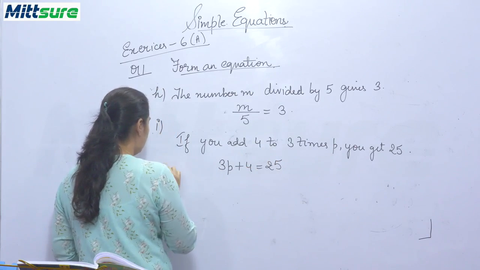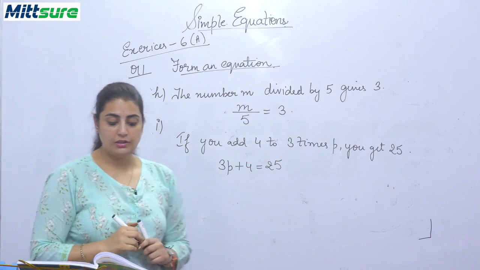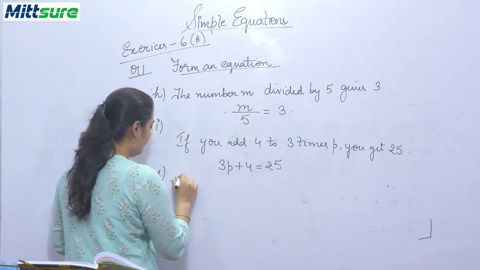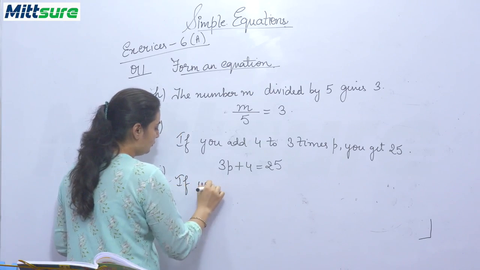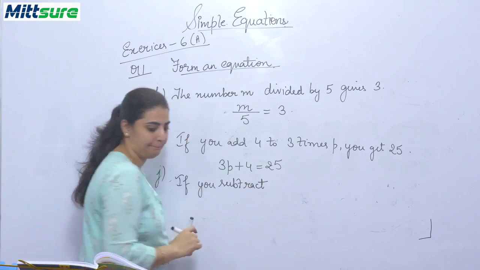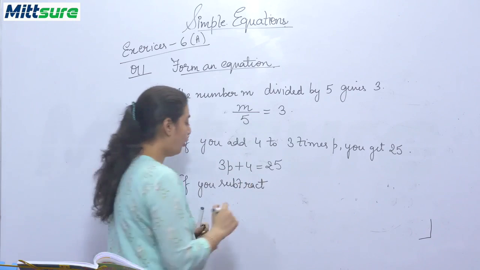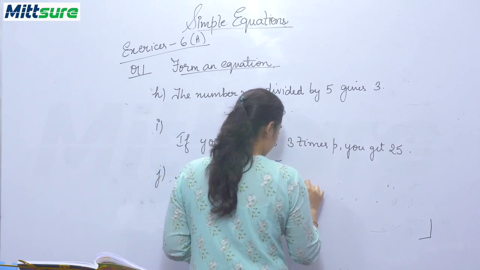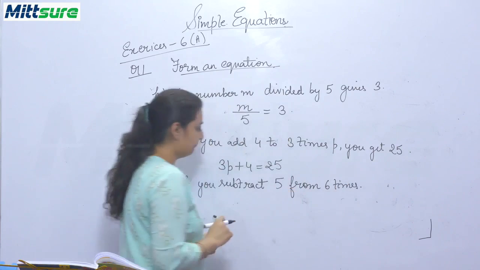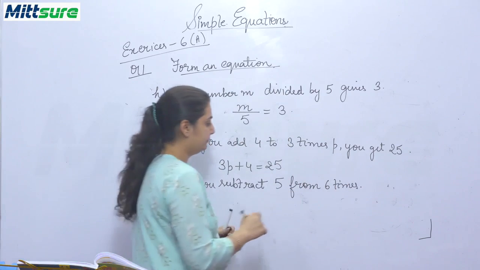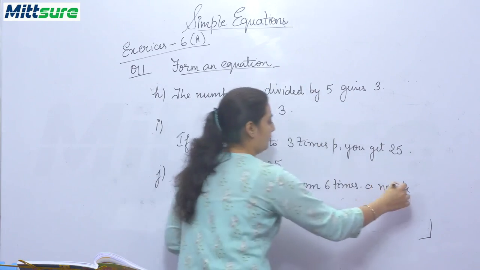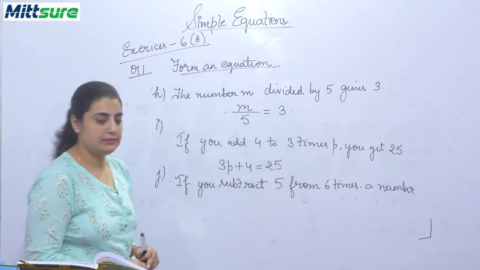This is the equation. Now the last question: if you subtract 5 from 6 times a number, you get 7.